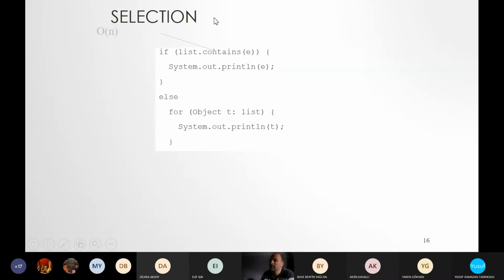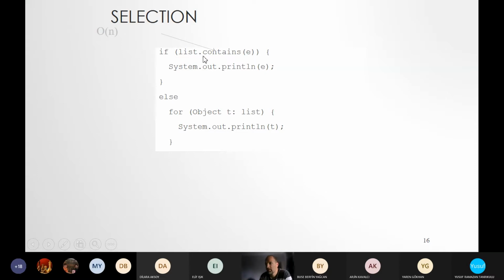Whereas here, going through the entire list depends on the size of the list, which is what n represents. The size of the list determines how long it takes to execute this if statement. So that's why this is big O of n.